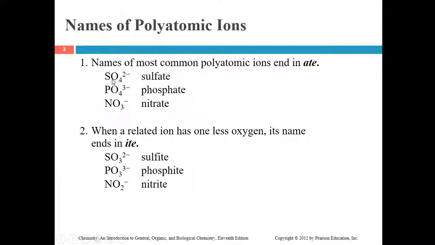So what they do is, the most common combination that oxygen has with sulfur is 4. Now, this ion is still a -2 charge, just like if we had sulfide. But because we have the oxygen there, the ending is sulfate.